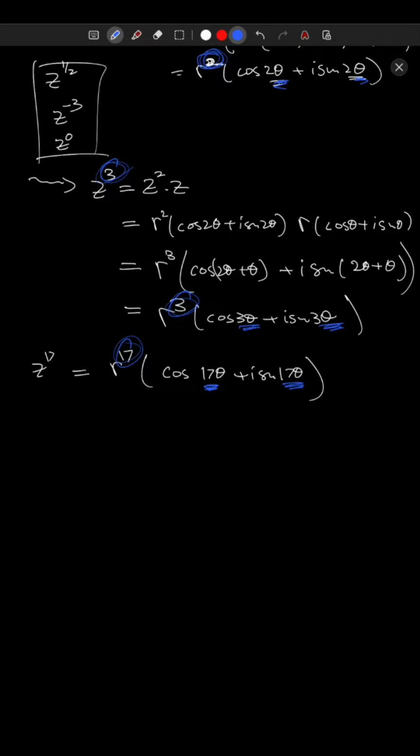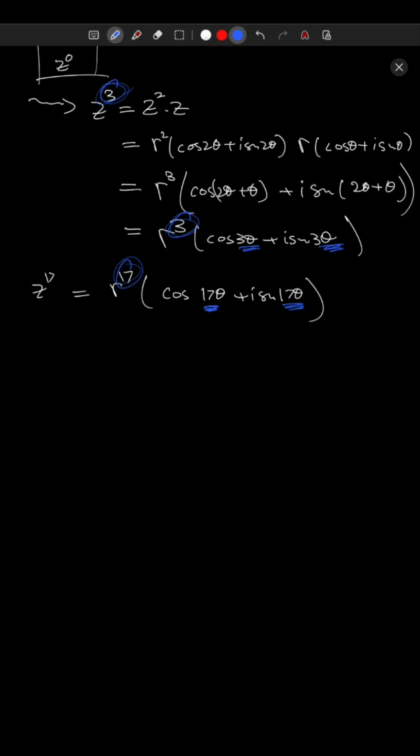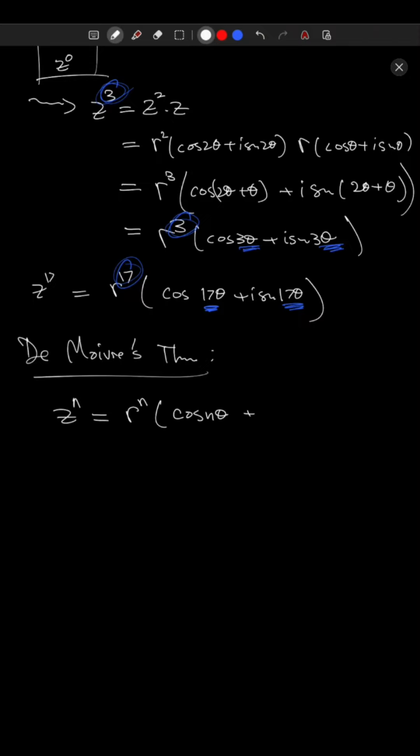Okay, so this is the essence of de Moivre's theorem. It says that when you take any power, let me just use n for the power, then you get r to the n cosine n theta plus i sine n theta.